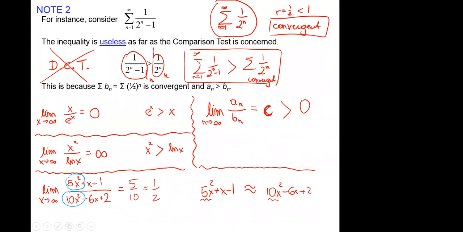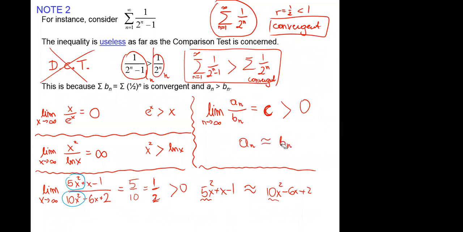We're expecting a positive number. And now what we know is, if from that ratio, the limit at infinity, we get a positive finite number, something like here, 1/2, we know that the expression a sub n almost behaves the same as b sub n.